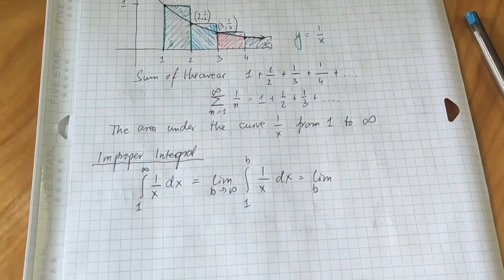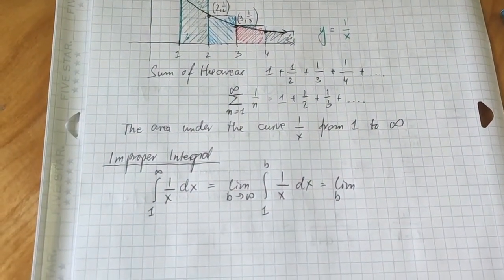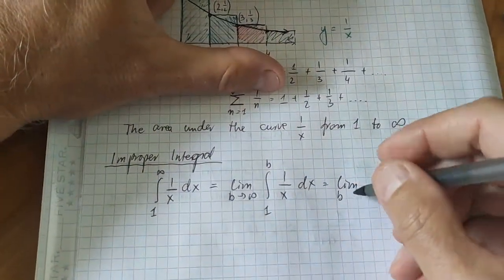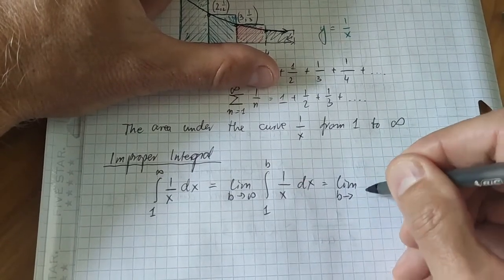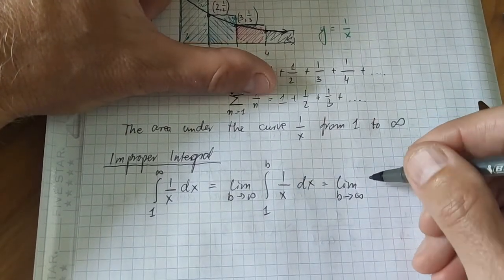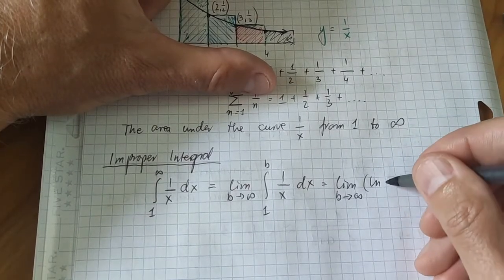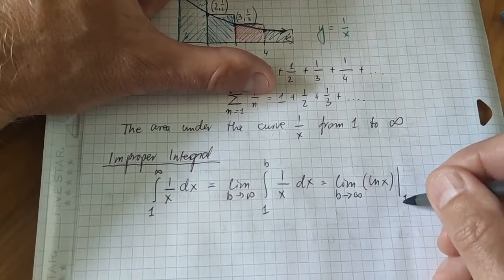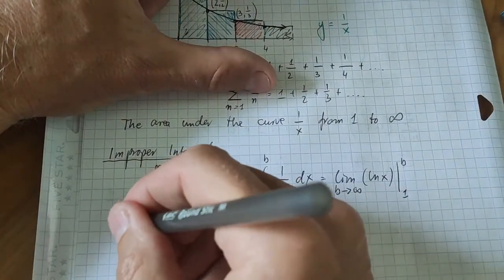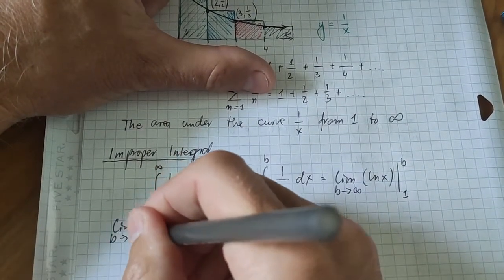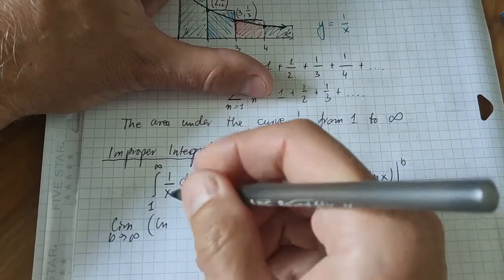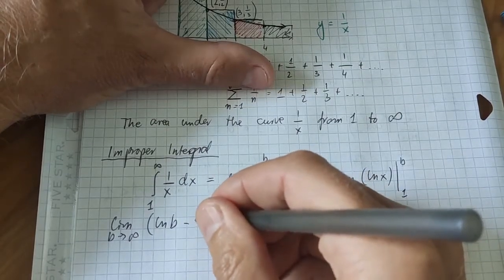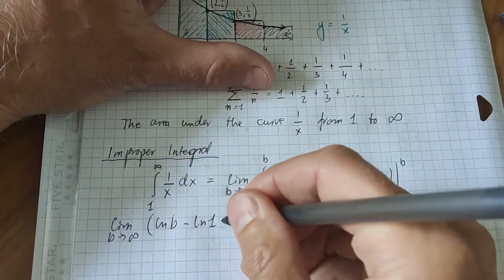My camera just moved. Let me refocus it. Okay. So b approaches infinity, and I have the antiderivative of 1 over x, natural log of x, and the limits of integration are from 1 to b. Okay, so I have the limit as b approaches infinity of natural log of b minus, not 1, natural log of 1.